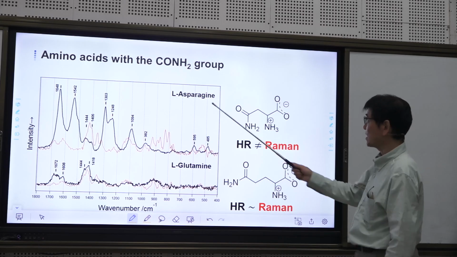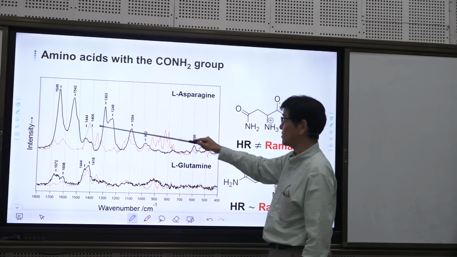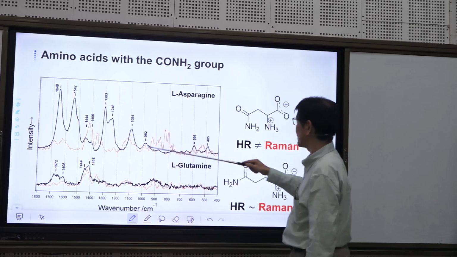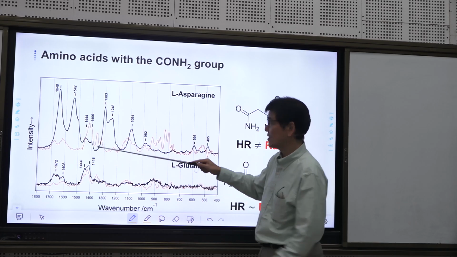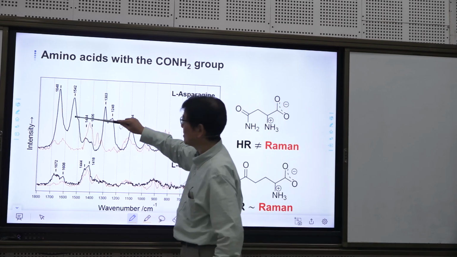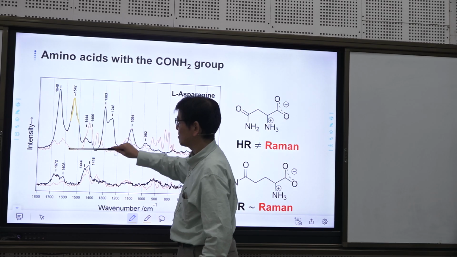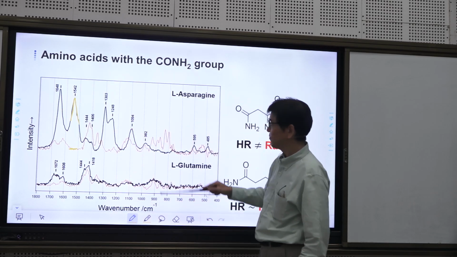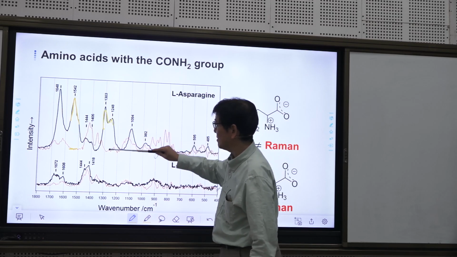How about L-asparagine? Black is the hyper-Raman spectrum, red is the Raman spectrum. In this case, some difference appears. A hyper-Raman band appears here, but there is no peak. A hyper-Raman band appears here largely, but there is only a small peak.